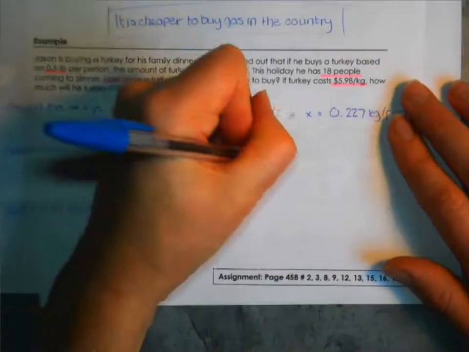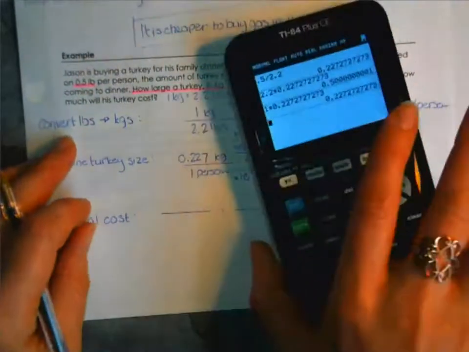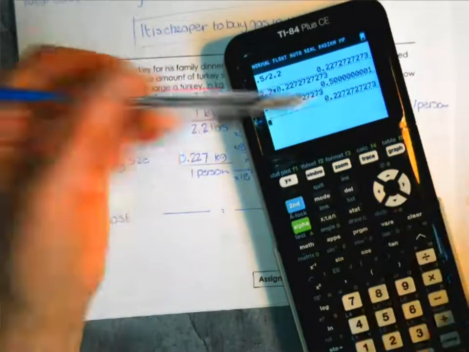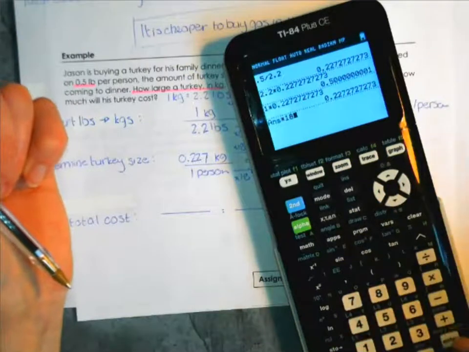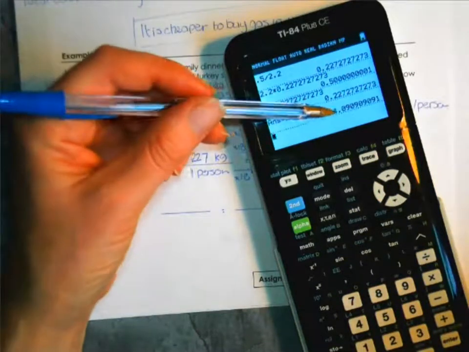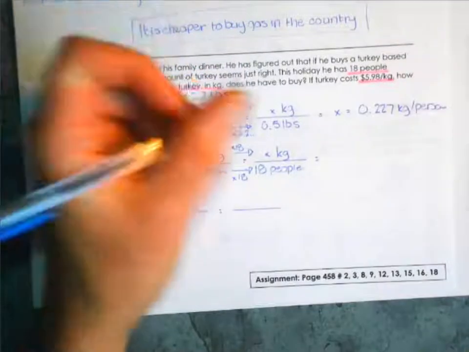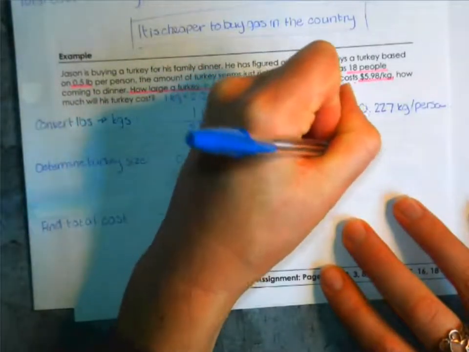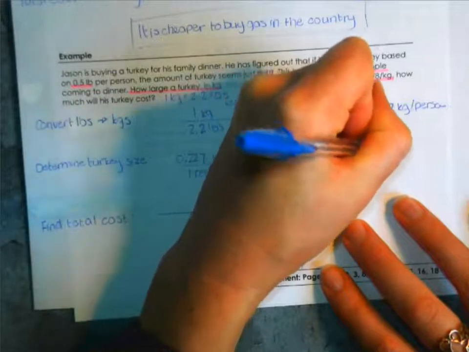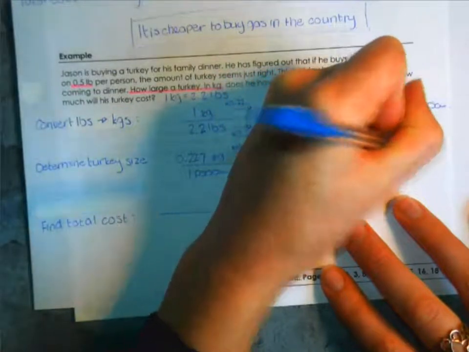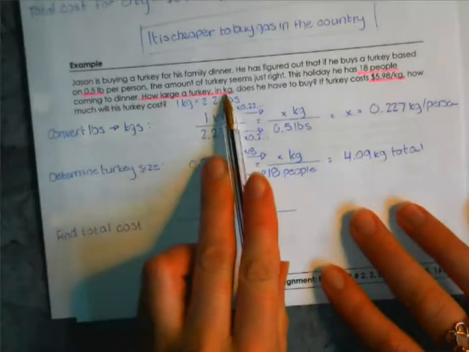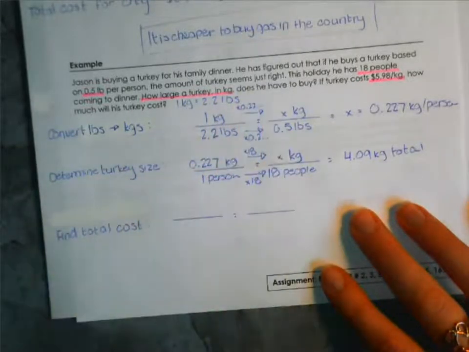And 0.227, again, I gave the rounded off number here, but I'm going to keep the whole number, times 18, gives me 4.09 kilograms. Total is what we need. Okay, so that's answering the question of how large of a turkey in kilograms he has to buy.